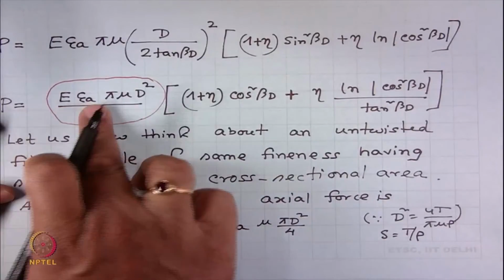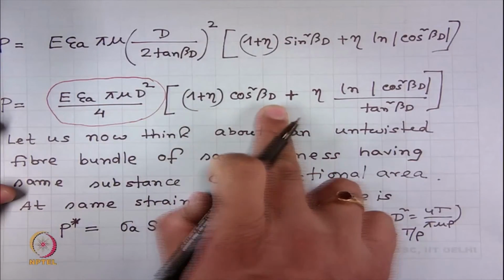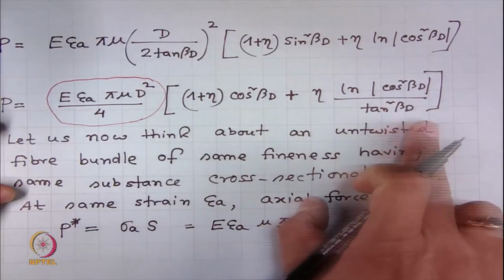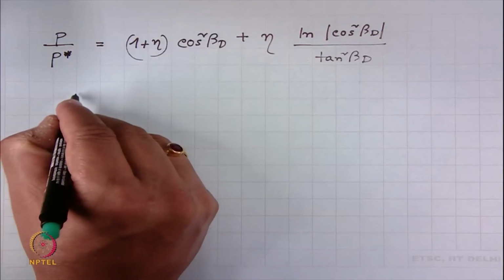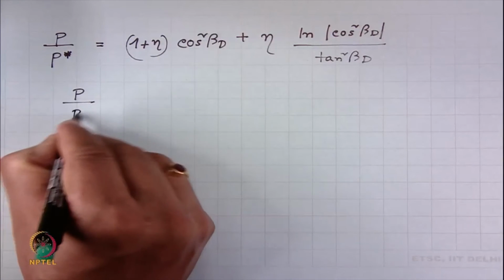So, P by P star is equal to that expression, same here. Now, something about this quantity P by P star.